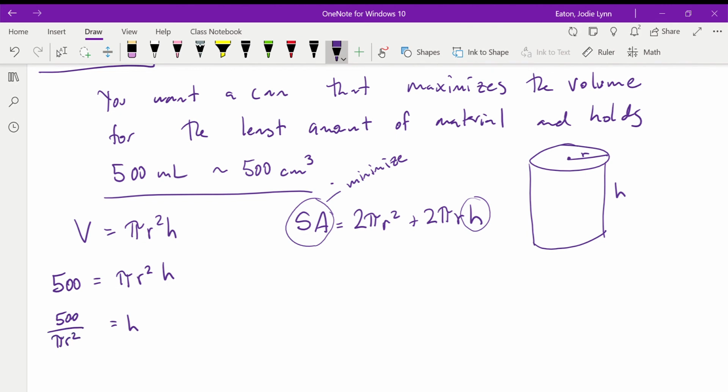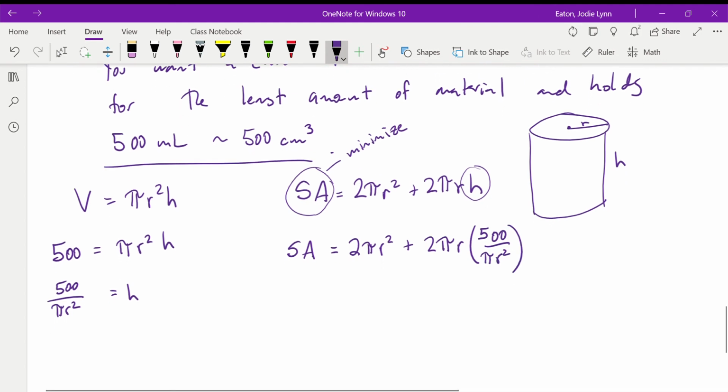Lovely. So now I can substitute this into the surface area equation, which will give me finally an equation with just one variable. So I have 2 pi r squared plus 2 pi r, and instead of h, I'm going to write 500 over pi r squared. And now I can do some canceling.